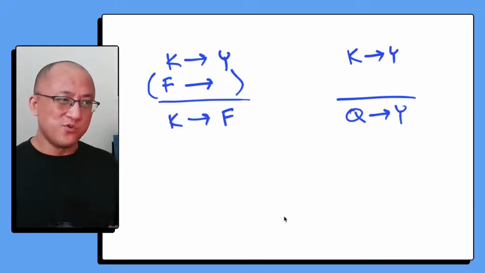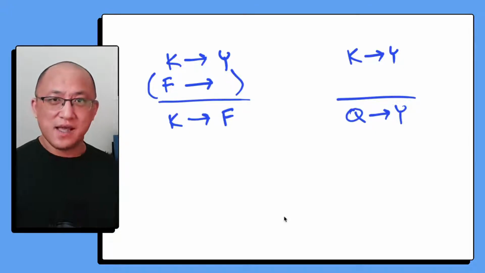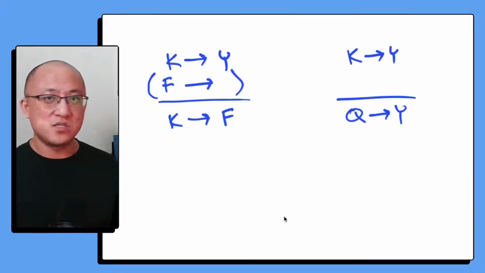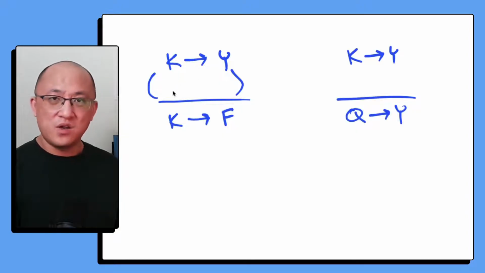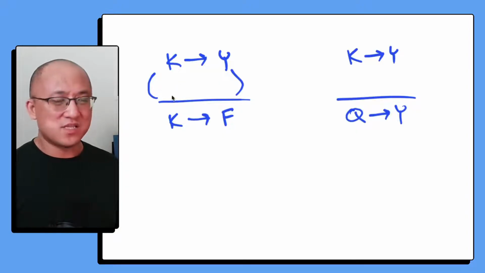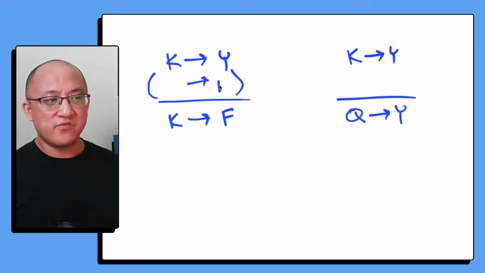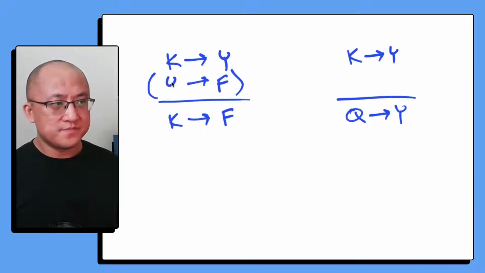But I'm trying to prove that something leads to F. I'm not trying to prove what F leads to. So that's why the correct answer on the argument on the left here for a sufficient assumption problem cannot have F on the sufficient side, on the left side of the arrow. It has to put the F on the right side of the arrow.